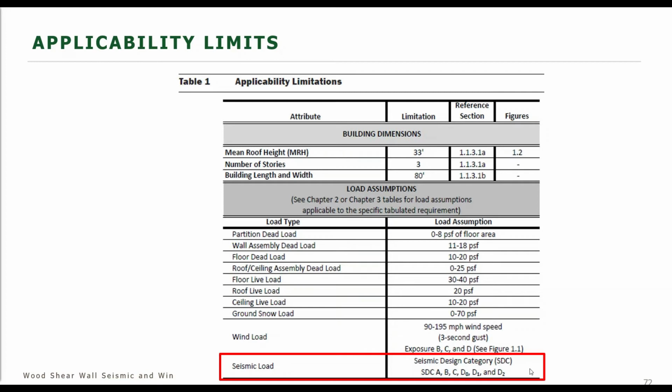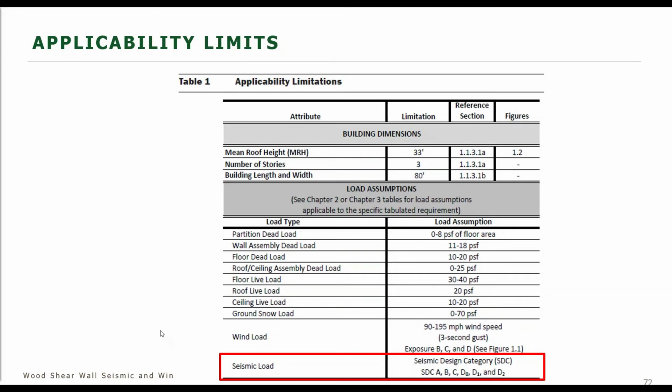For those of you who are not familiar with the residential IRC building code, D0, D1, and D2 are just subcategories of seismic design D. This is just fine-tuning the calculations into 3 subcategories of seismic design D.